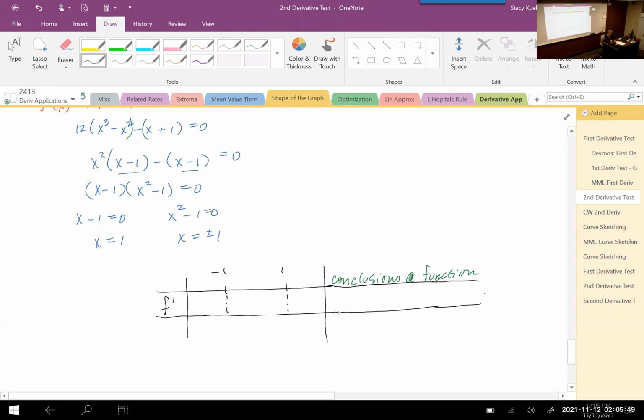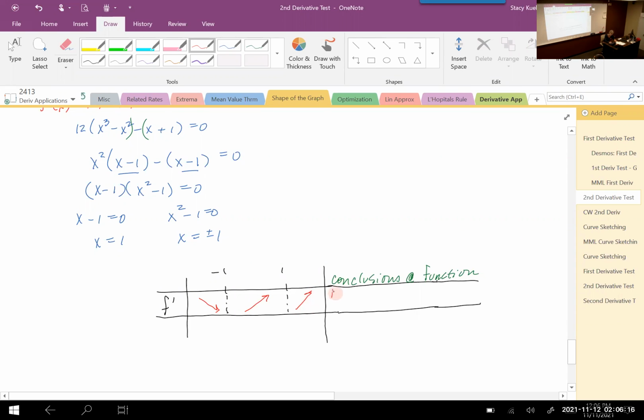So to the left of -1, what are we doing? Decreasing. To the left of -1, we are decreasing. How about in the middle? Increasing. And to the right? Okay.